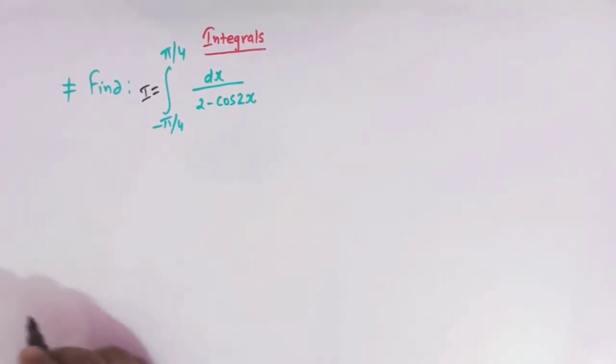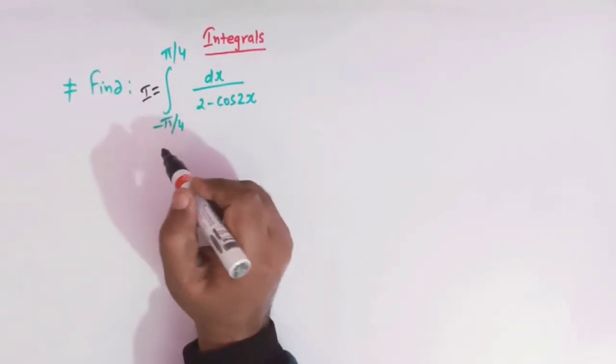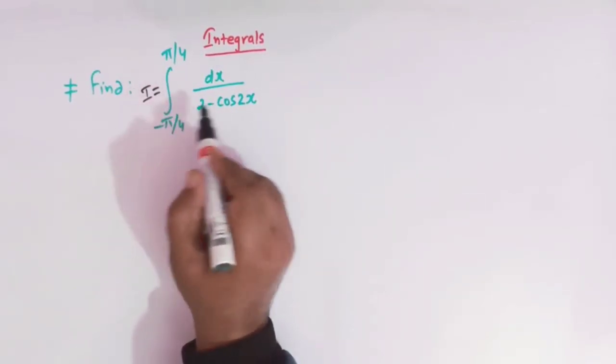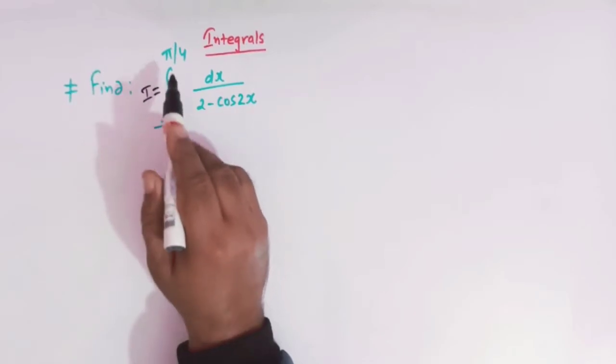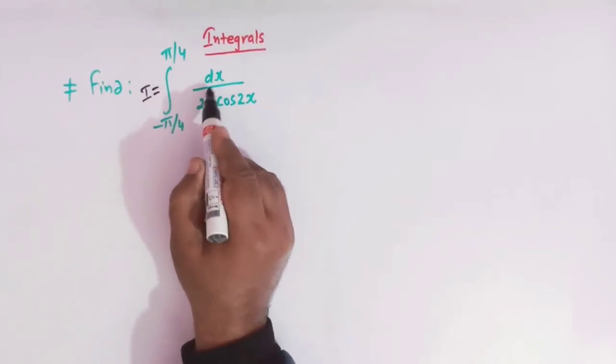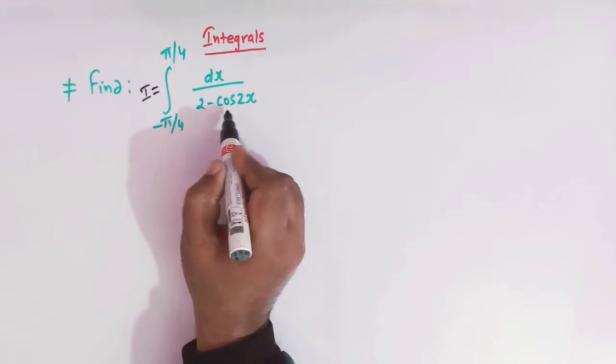Now if we look at this integral, the limits are minus pi by 4 to pi by 4, and we have dx over 2 minus cosine of 2x.